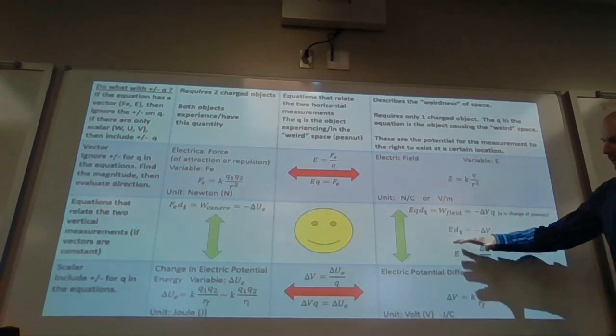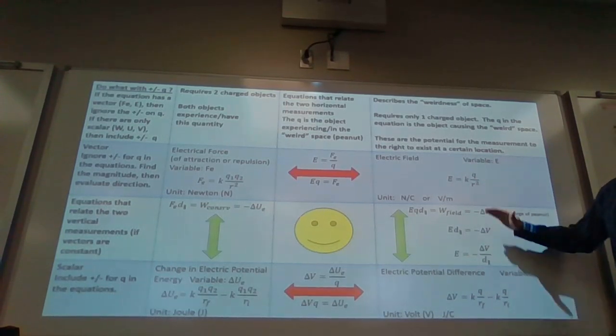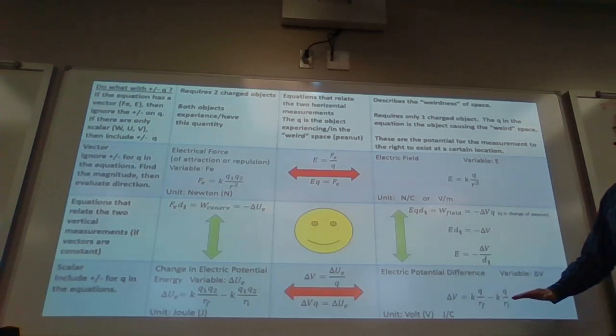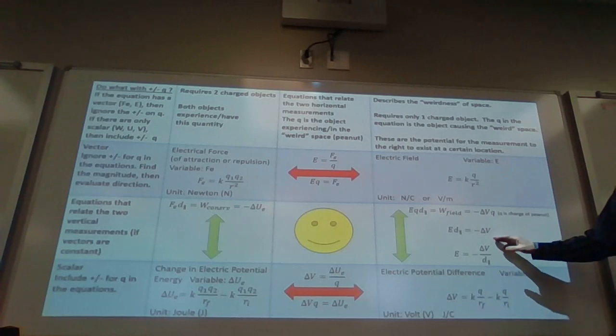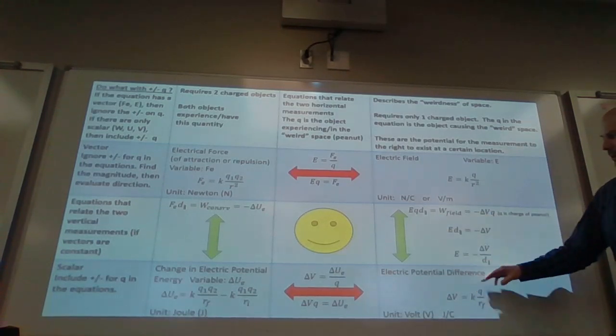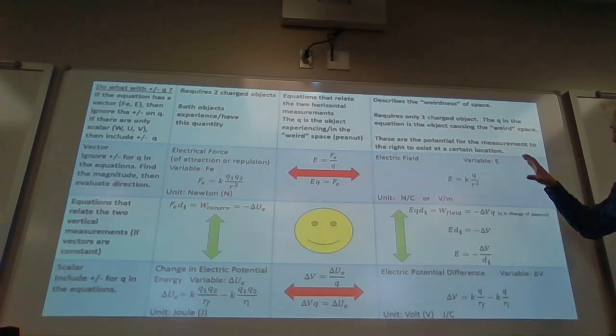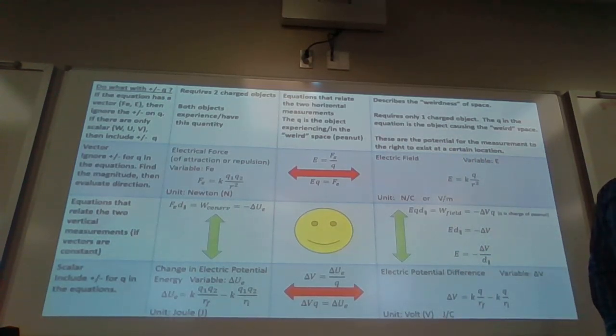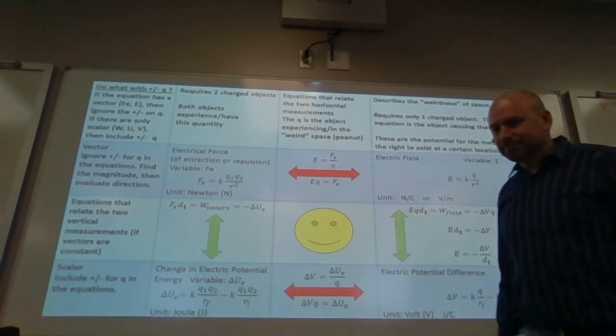This is really what we want, the connection between the promise of electric field and the promise of change in electric potential energy. So you get this expression here. Okay, these are vectors, these are scalars.